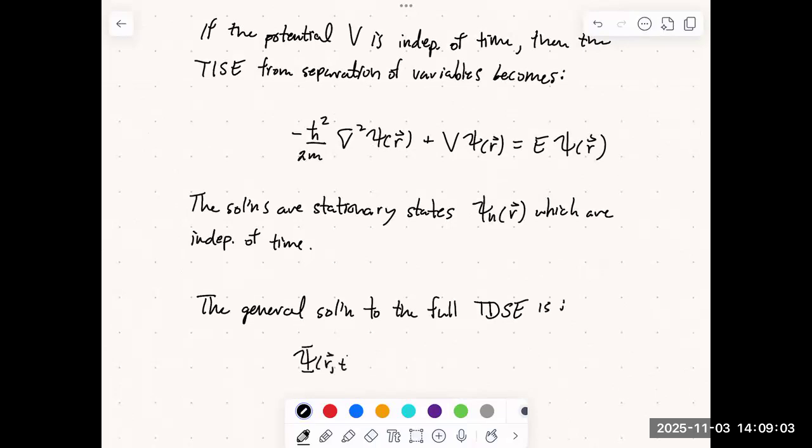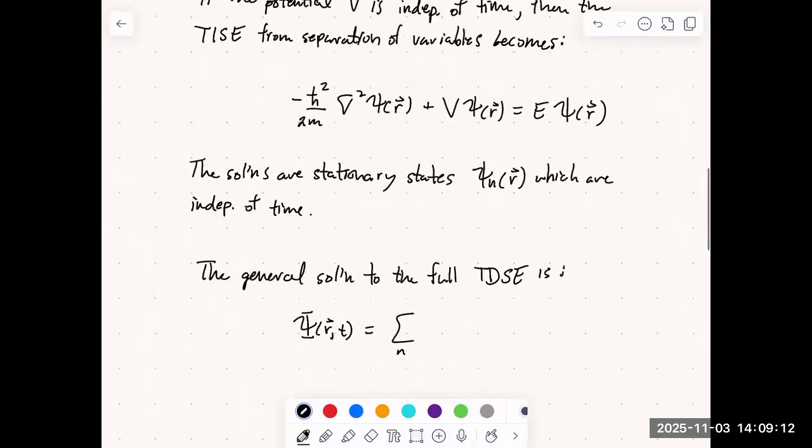Okay, so this is going to be a function of the position in 3D and time, and it's exactly what we had before. Nothing changes. There's some coefficient, Cn. There are the energy eigenstates, the stationary states, and then there was a factor, e to the minus i E n t over h bar.